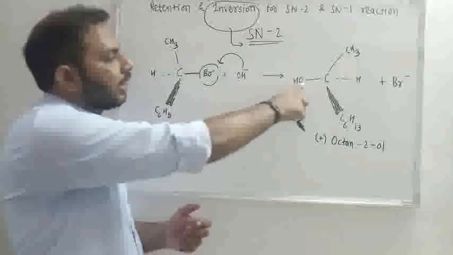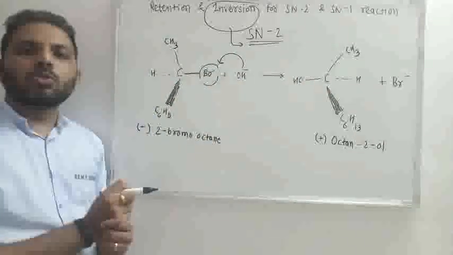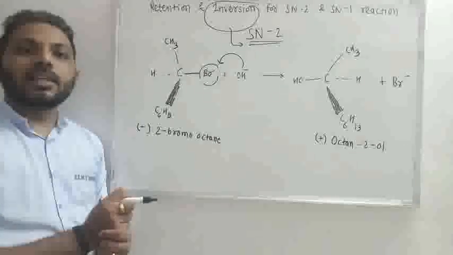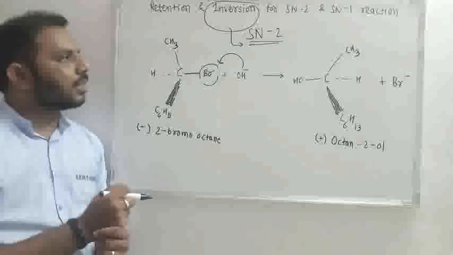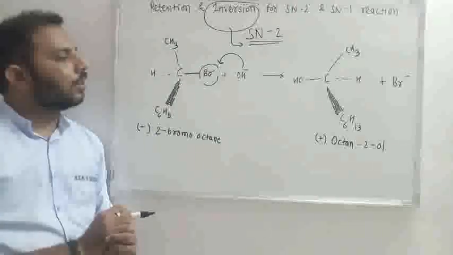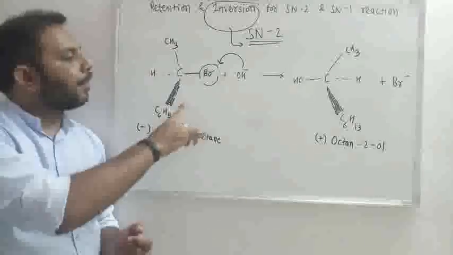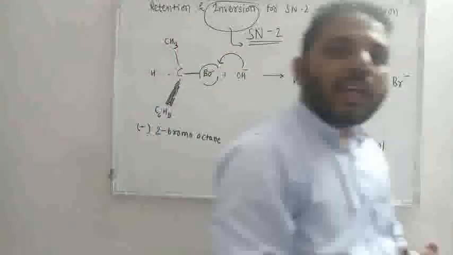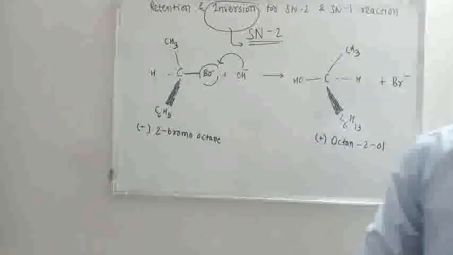So OH minus is opposite to Br minus, so we can say that inversion has taken place. So in SN2, inversion is going on, right? Inversion is happening in the SN2 reaction. Now let us see what will happen in the case of the SN1 reaction.